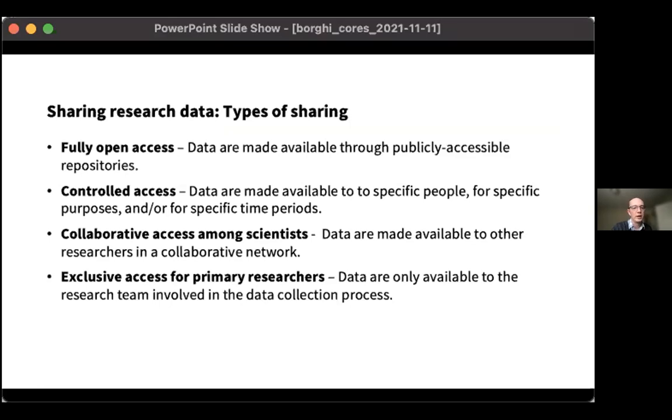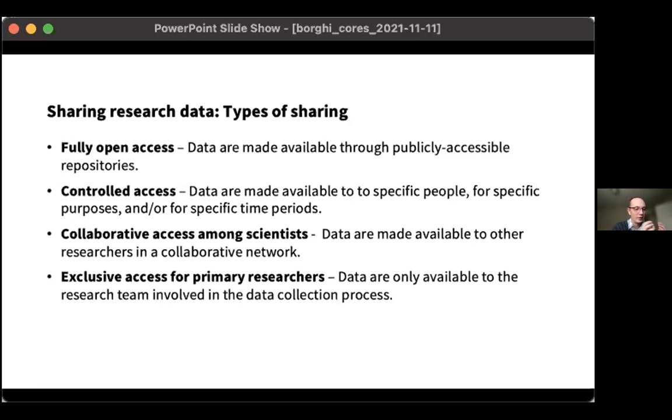And then, again, I'm not talking too much about sharing objects as you're working on them today, but there's also sharing data and other resources only amongst the primary research team, right? That I guess technically is on the continuum of sharing, between completely open and completely closed.